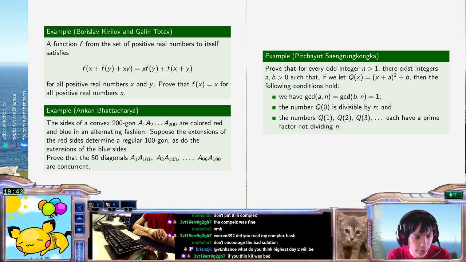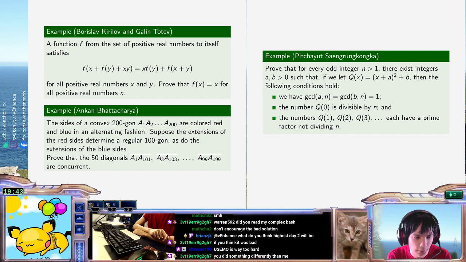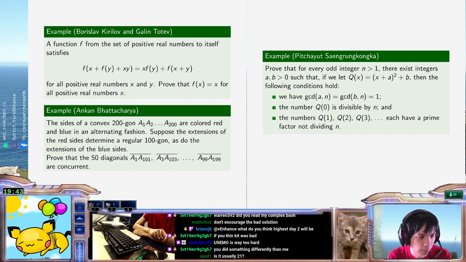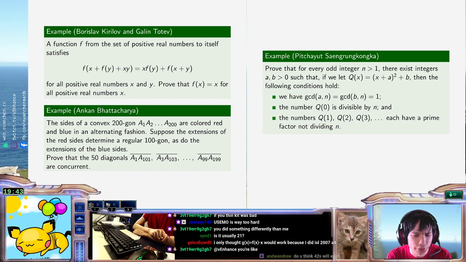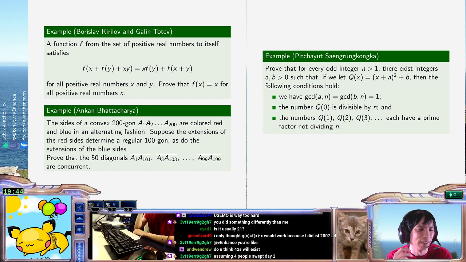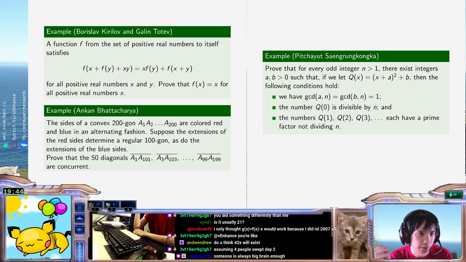What do you think the highest day 2 will be? 21. I think someone swept day 2. Is it usually 21? No. The top day 2 award is given out after first place, second place, third place, and the honorable mentions are removed.